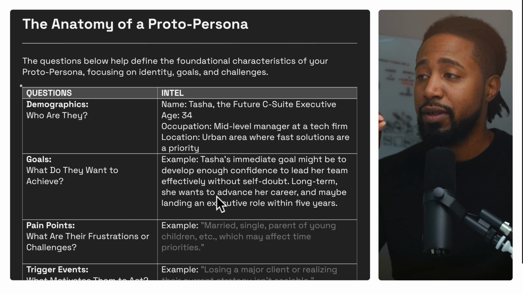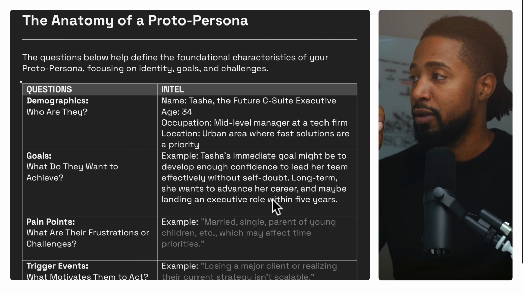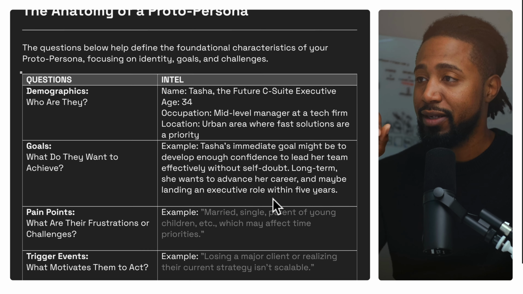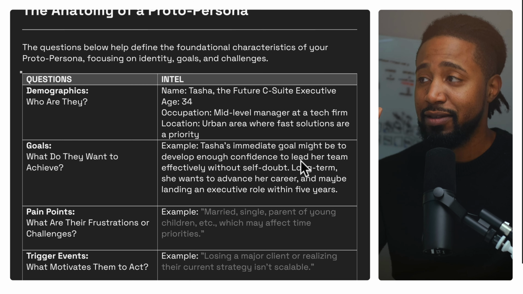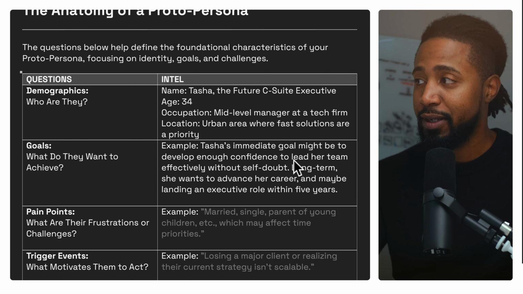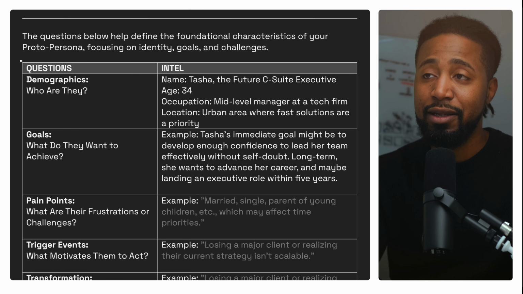Long term, she wants to advance her career, maybe landing an executive role within the next 5 years. So it's clear what Tasha wants. And we want to make sure that we try to get to very specific things because that's going to help us as we go down this worksheet. So just remember that this clarity is going to help you to tailor your offers around their actual goals.